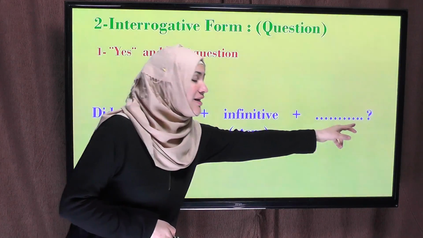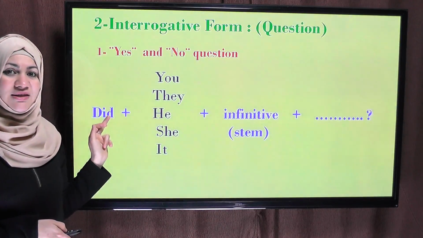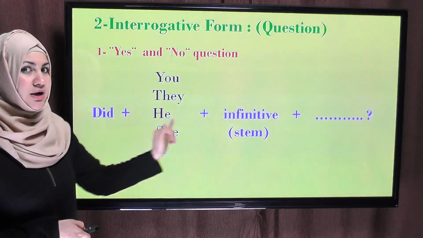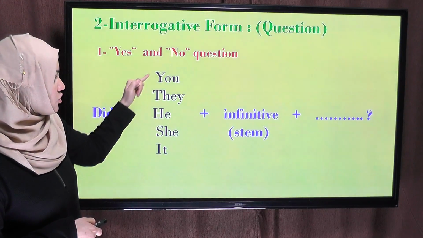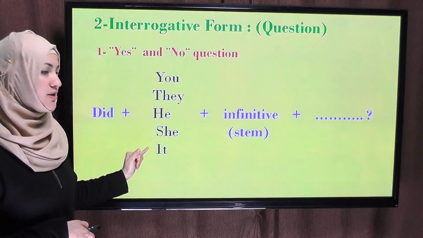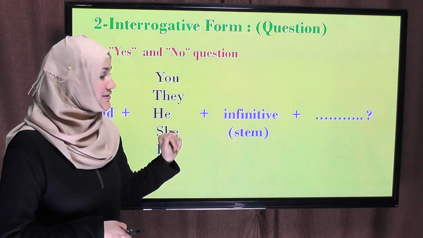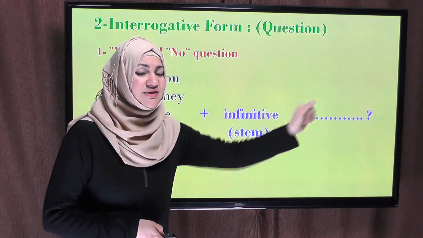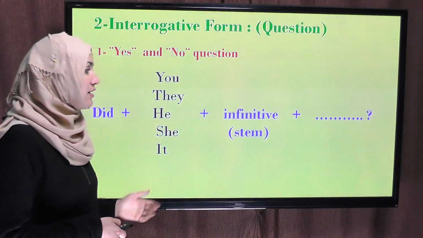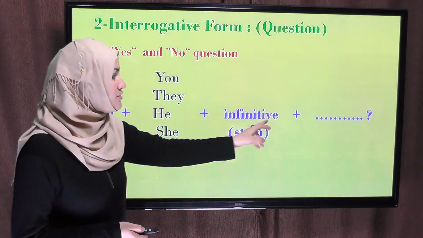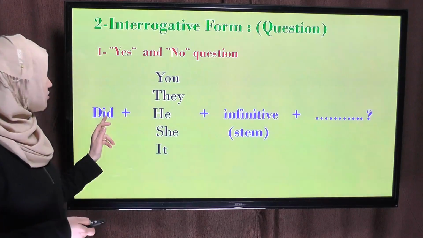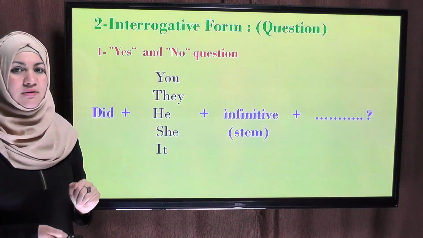This is a sign that this is an interrogative question. I repeat, did, plus you, they, he, she, it, or subject, plus the infinitive or stem, plus the rest of the sentence, plus a question mark. The same note, we don't put ed because in a question we have did.